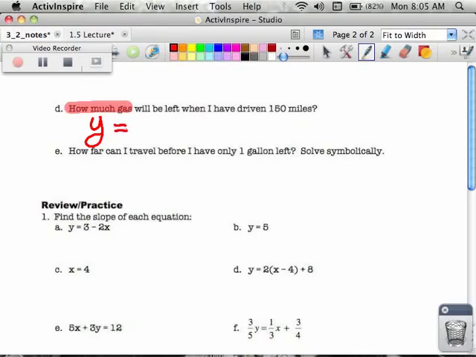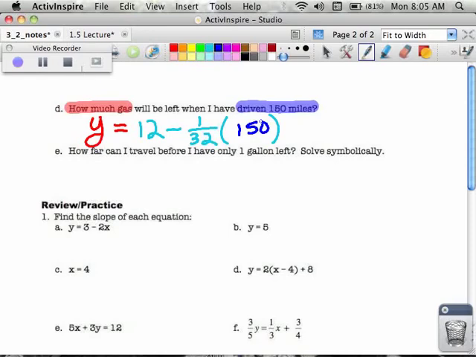But I know that that's going to be equal to the 12 gallons that I started out with, take away 1/32 of a gallon, and now you're going to be talking about you drove a certain amount of miles. How many miles did they drive? 150. So I shove in the 150, and I type this into my calculator, and I see how much gallons of gas I'll have left over.